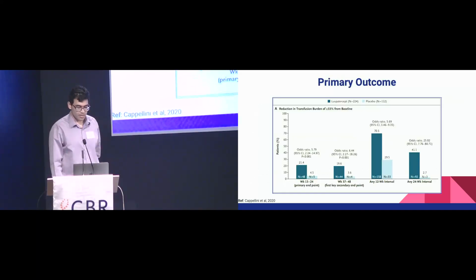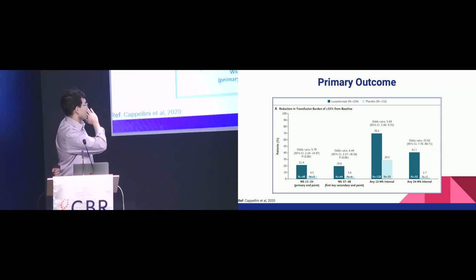And I'll get right to the results, and it found, in BELIEVE anyway, that around 20% of patients on luspatercept, compared to something like 3 to 4% in the placebo arm, had met that outcome of a 33% reduction in their transfusion requirement over this pre-specified 12-week period at weeks 13 to 24 or 37 to 48.